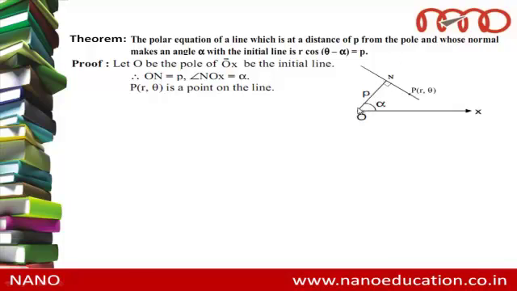Angle NOP will be alpha minus theta, and ON we know is p and OP we know is r. You can also see p is the adjacent side to angle NOP and OP is the hypotenuse. So cos of angle NOP is equal to the adjacent side ON by the hypotenuse OP.